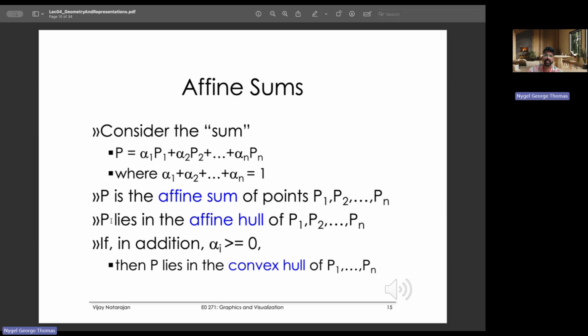If P is represented as an affine sum of points P1, P2, up to Pn, then we can also say that P lies in the affine hull of the points P1, P2, up to Pn.